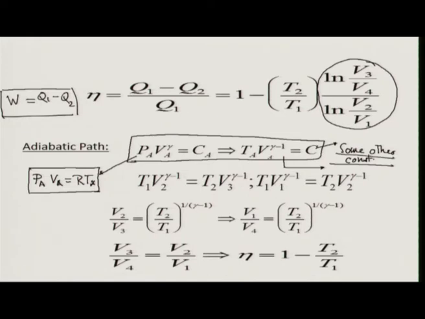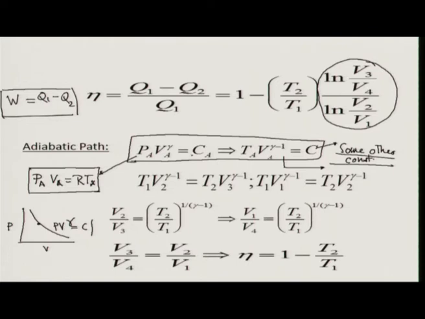So you can immediately see that I can write PV gamma is equal to constant also as T V gamma minus 1 is equal to C. So I was drawing always PV diagram, and this is my adiabatic path, say PV gamma is equal to constant, which is also implying that if I calculate temperature at every point, T V gamma minus 1 is also a constant. Okay? T V to the power gamma minus 1 is also a constant, not the same constant as Ca.